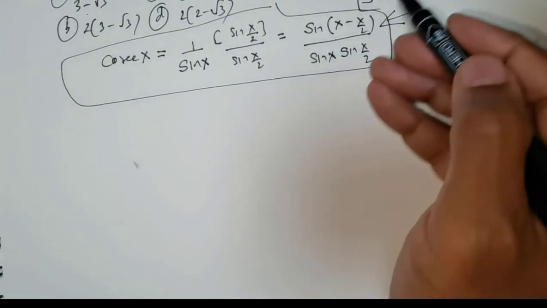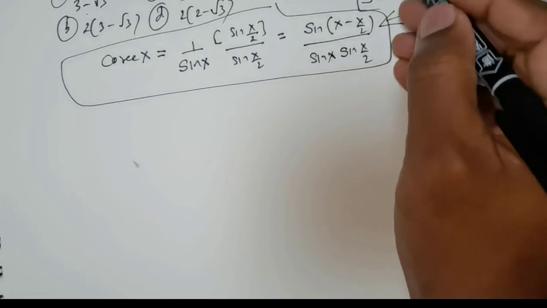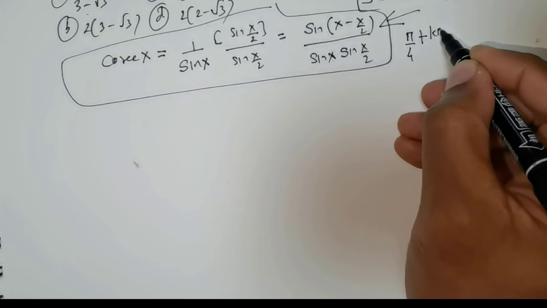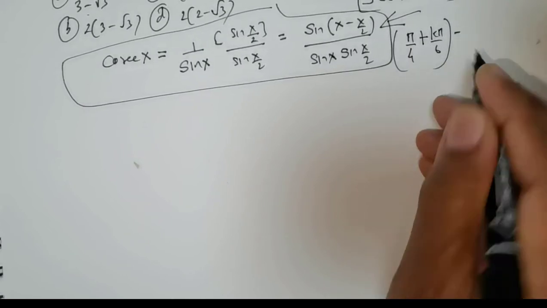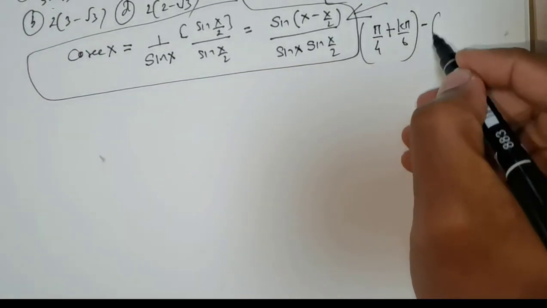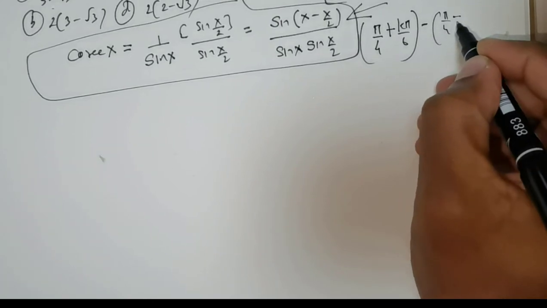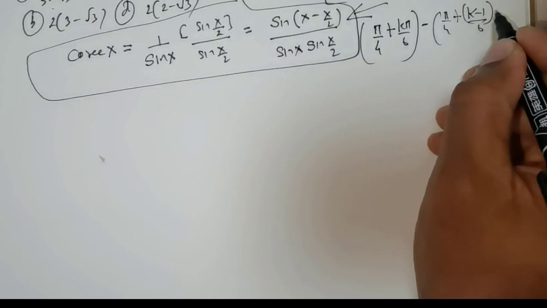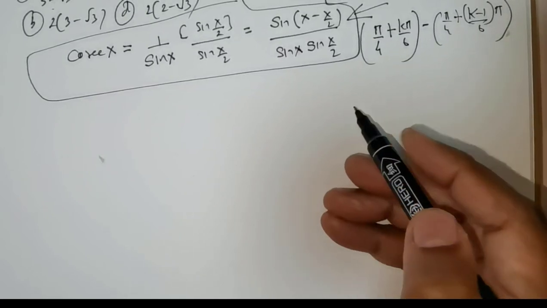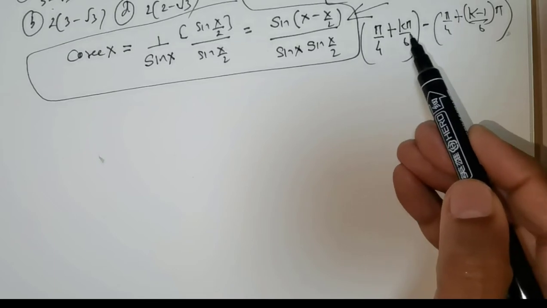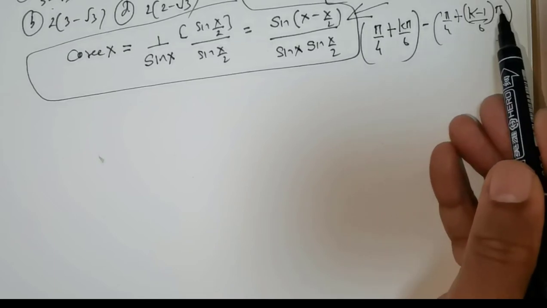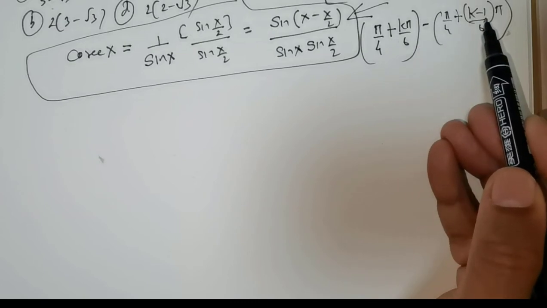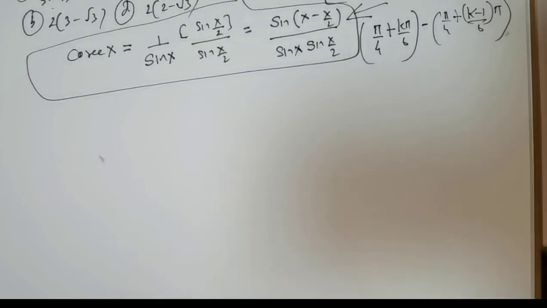Clearly the larger angle is this, so let me take the larger angle, pi over 4 plus k pi over 6, minus the smaller angle, which is pi over 4 plus k minus 1 divided by 6, times pi. Pi over 4 can be cancelled, and k pi over 6 and k pi over 6 are cancelled, giving me positive pi over 6.